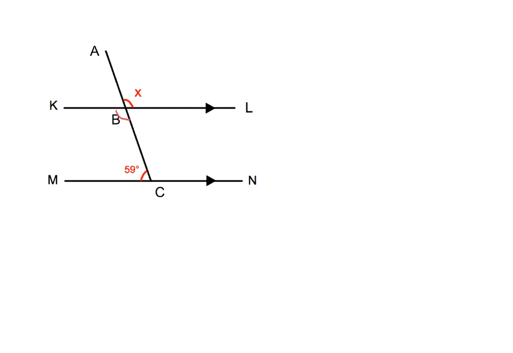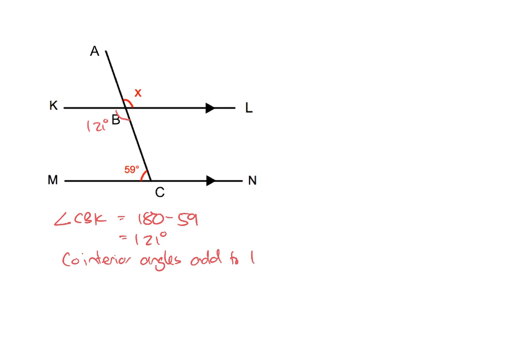and that angle there is angle CBK. And what does that angle equal? Well, it's 180 take away 59, which is 121 degrees. And that is the co-interior angles add to 180 degrees.